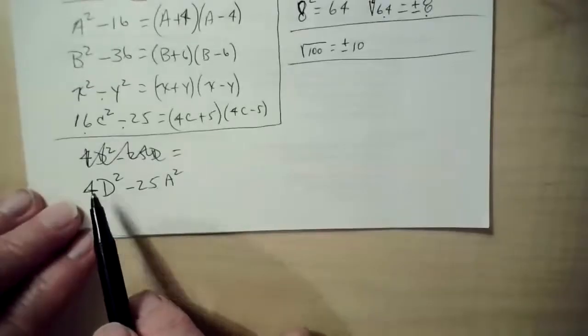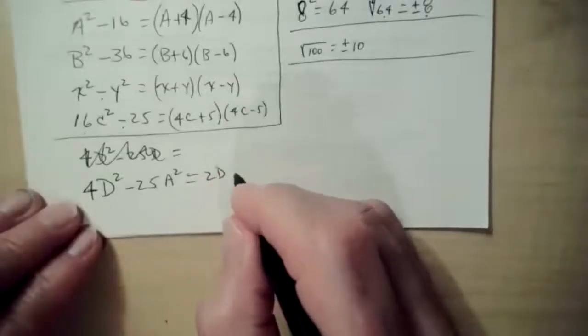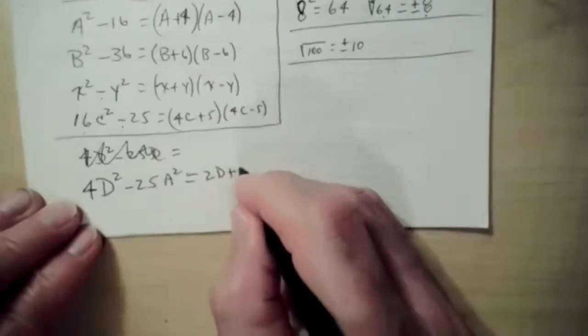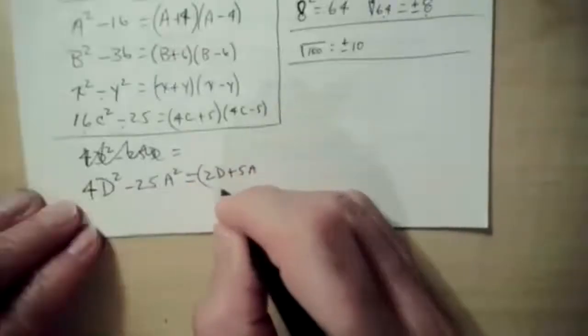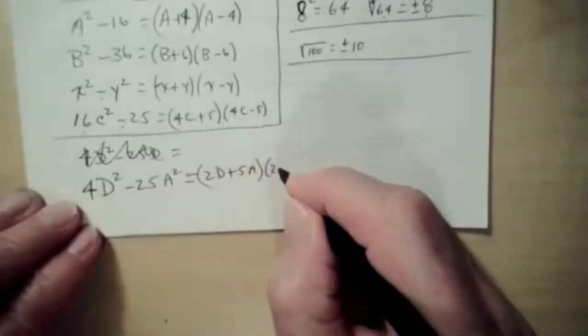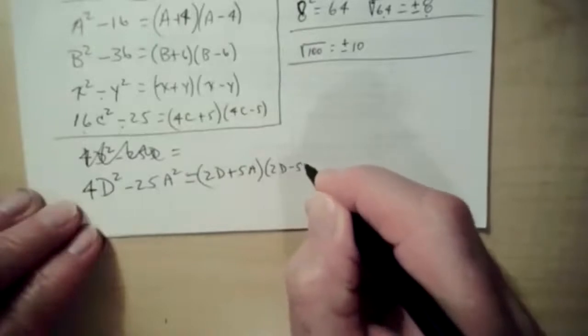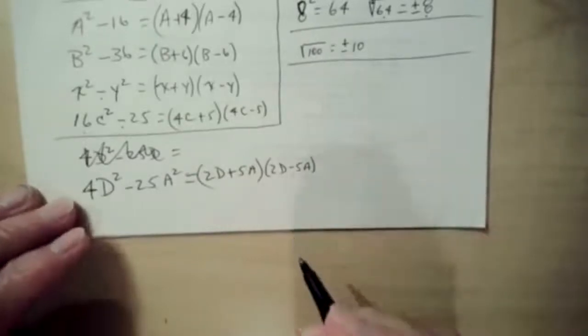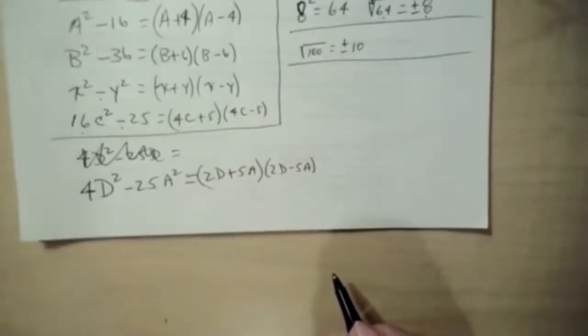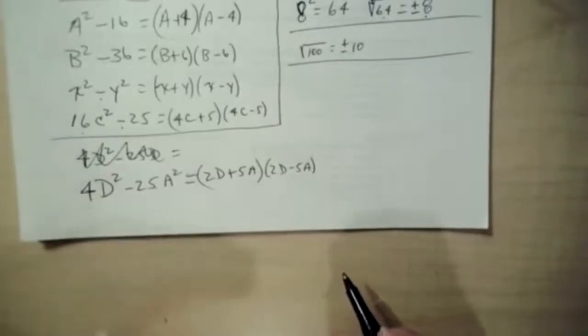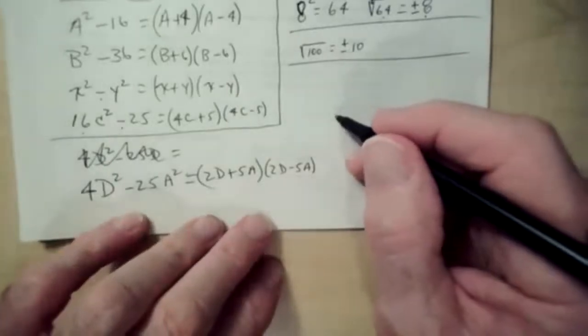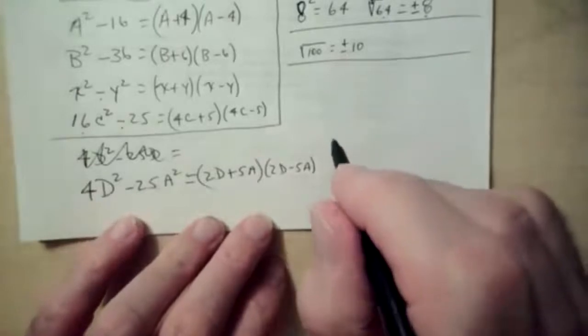Yes, it is. Both of these things are perfect squares, and it's the difference of. So what's the square root of 4? 2. Square root of d squared? D. Plus 5a and 2d minus 5a. Okay, I'm going to do this to you on the test.